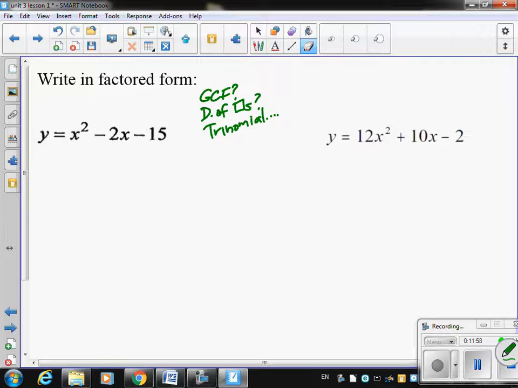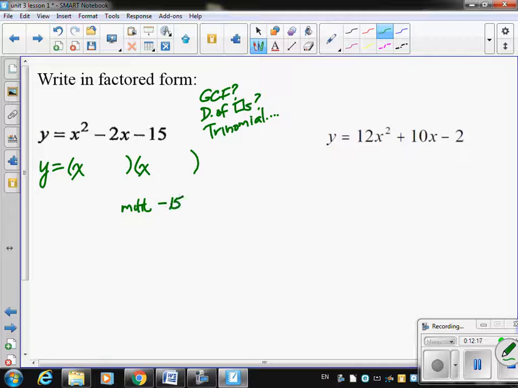Let's write y equals and 2 sets of brackets. If I'm going to factor this trinomial, I know for firsts I need x and x. For lasts, I need 2 numbers that multiply to negative 15. And then for outside, inside, I need 2 numbers that add to negative 2.